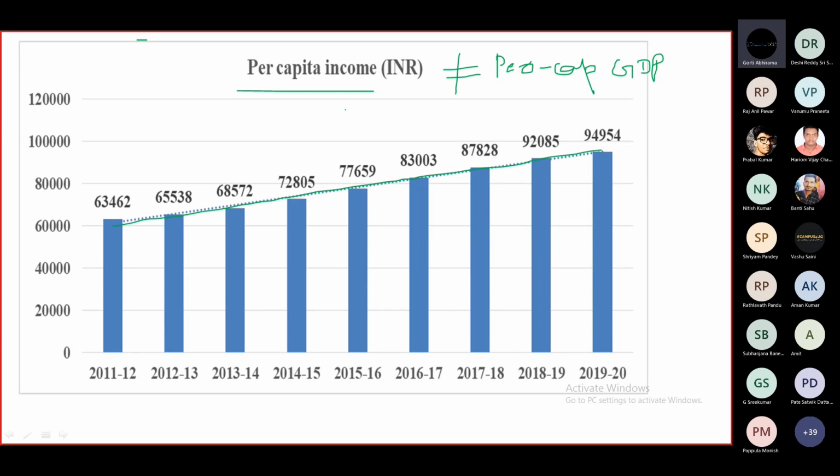What we mean by national income and how it has a considerable overlap with per capita GDP, we'll discuss when we discuss measurement of our GDP and its different concepts.